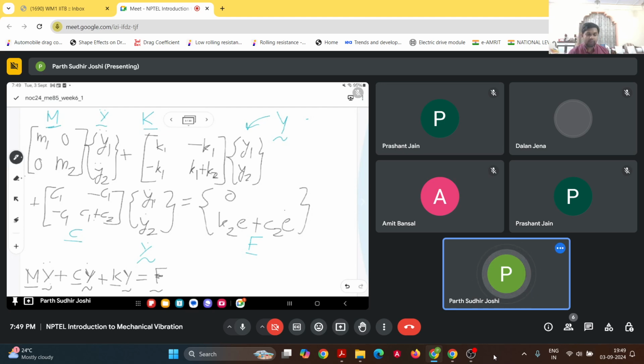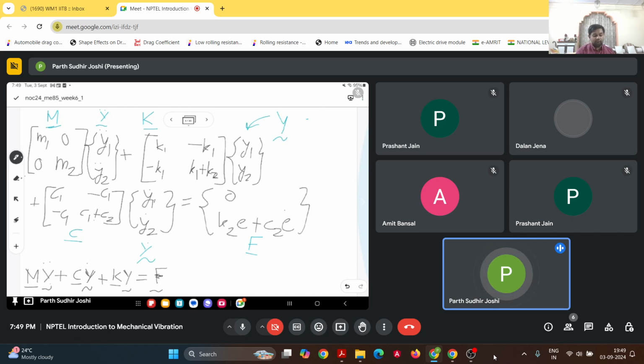So this is very similar to the equation of motion for forced vibrations of a single degree of freedom system.